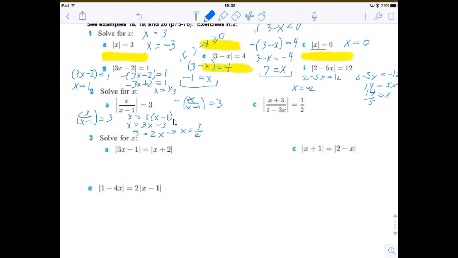And the other one, it's going to become x divided by x minus 1 equals negative 3. Then we'll multiply both sides by x minus 1, so we'll have x equals negative 3 times x minus 1. And then we'll distribute the negative 3, we'll have negative 3x plus 3. And so x equals 3/4.